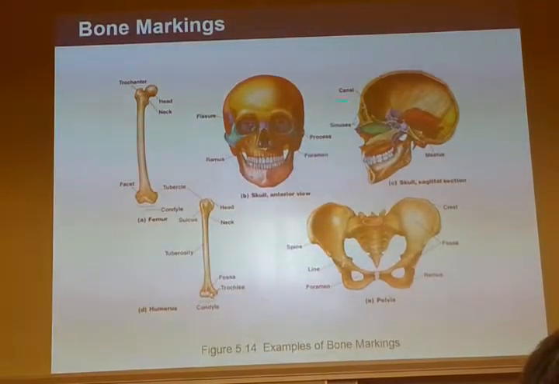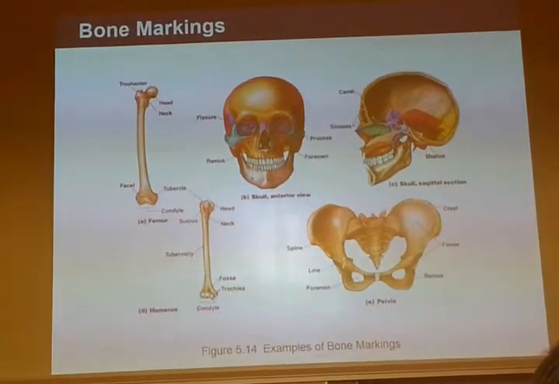Some holes that look like they could be called foramen will be called a meatus, or a canal. You just got to kind of relax and go with it. Sometimes they're called meatuses and sometimes they're called canals, but they're still looking like they could be a foramen. Foramens develop generally because there was something there before the bone formed.